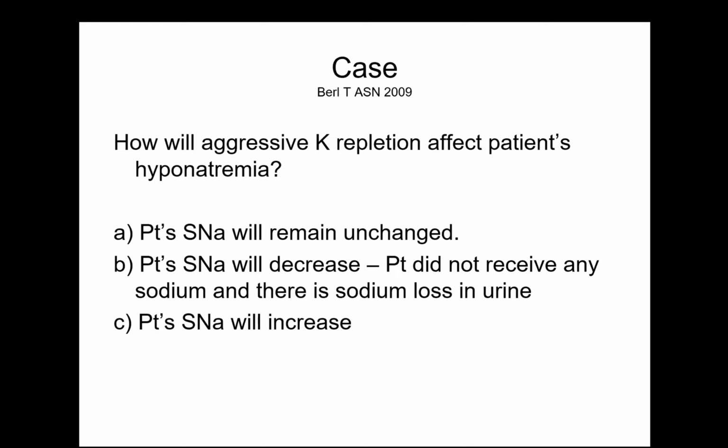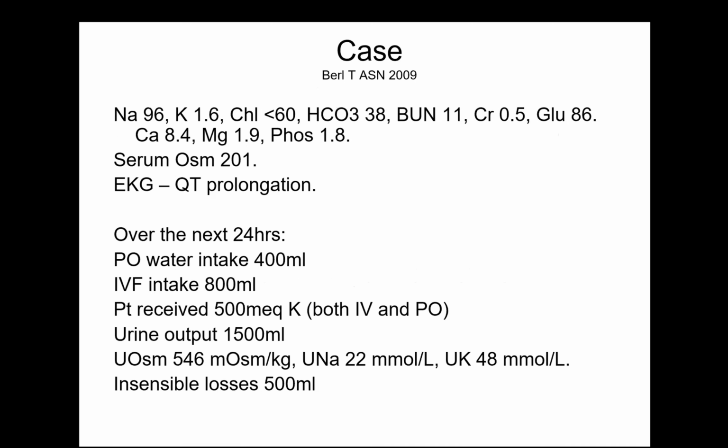So every 500 milliequivalents of potassium, this is almost how many liters of fluids, right? This is an insane amount. Some of it was given PO. You can get 40 milliequivalent tablets, 80 milliequivalents. But her whole IV fluid intake was 800 ml, and all of it was for the potassium. So you can say she probably got 10 milliequivalents per 100 cc's, right?